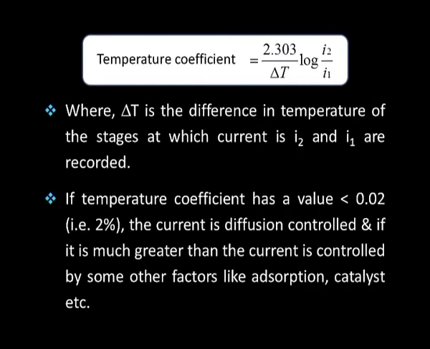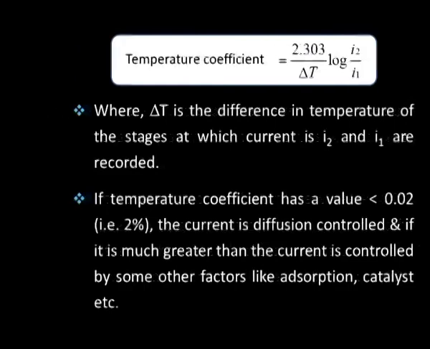If temperature coefficient has a value less than 0.02, that is 2%, the current is diffusion controlled, and if it is much greater, then the current is controlled by some other factors like adsorption, catalyst and so on.